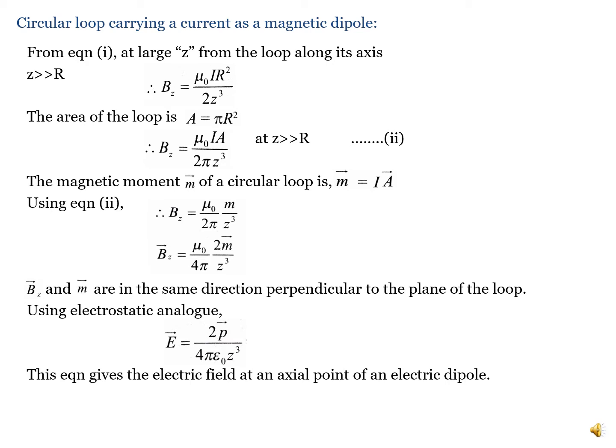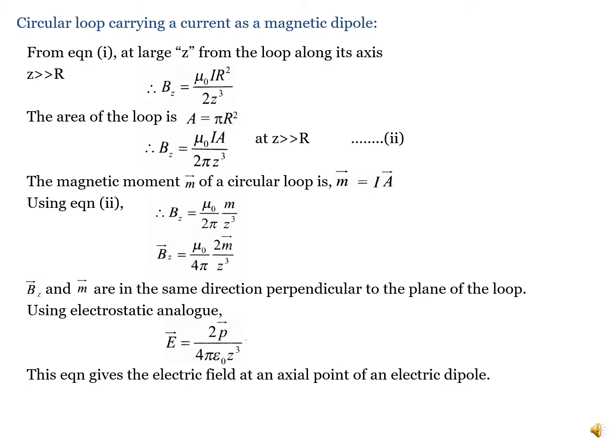The magnetic moment m bar of a circular loop is defined as m bar equal to I a bar, where a bar is a vector of magnitude A and direction perpendicular to the loop. So the above equation becomes Bz equal to mu 0 m upon 2 pi z cube.